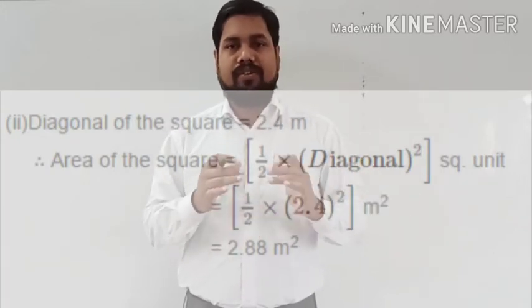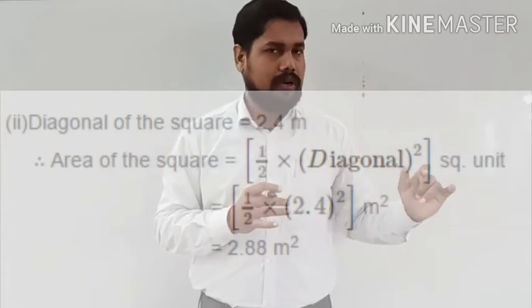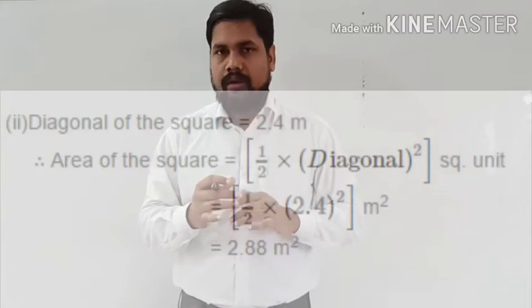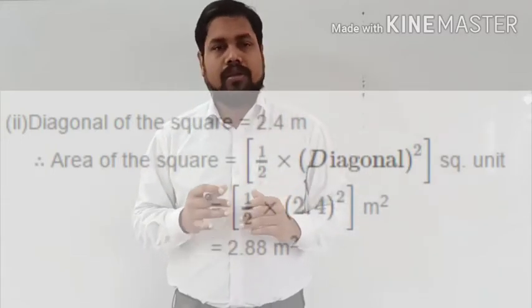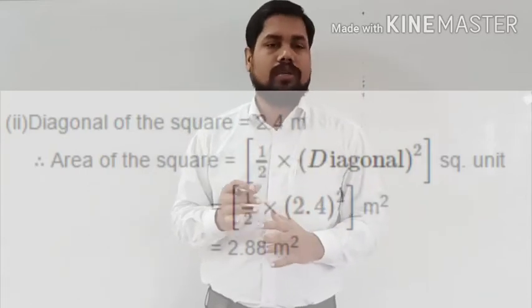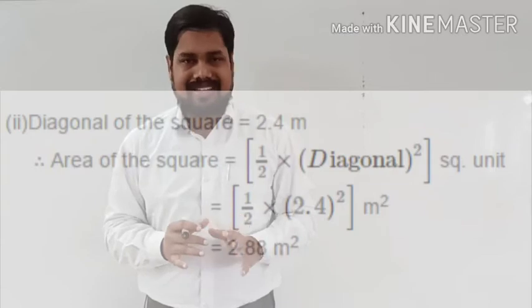And after that finally if you cancel out all this, you will get the answer 2.88 meter square. So 2.88 meter square will be the area of the square when the diagonal is given.